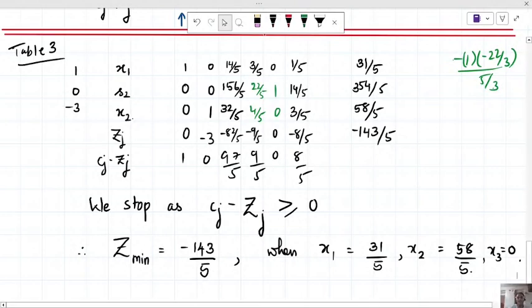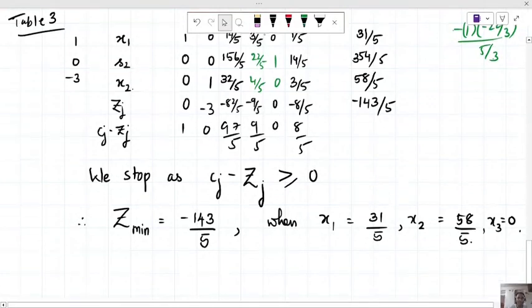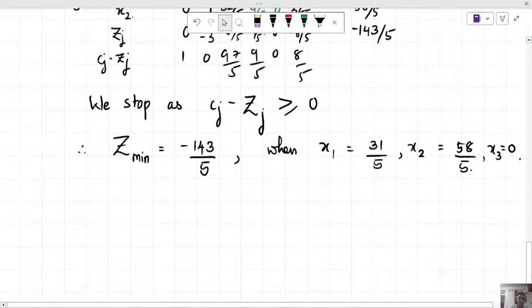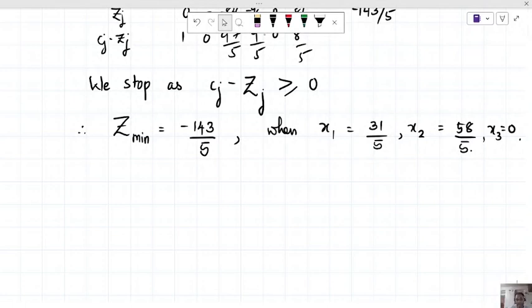Here in Cj minus Zj, remember your very important thing is that in a minimization question you choose the value which is least negative from the column of Cj minus Zj, whereas in the maximization question we had to take the one which was positive.